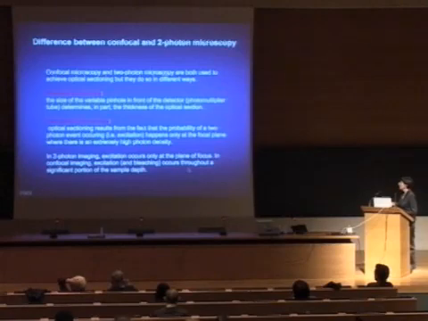By contrast, in two-photon microscopy, the two photons need to interact with each other in order to be excited and to release light. And so in two-photon imaging, the excitation occurs only at the plane of focus, where the two photons really match with each other. By contrast, in confocal imaging, excitation and then also bleaching occurs throughout a significant portion of the tissue.